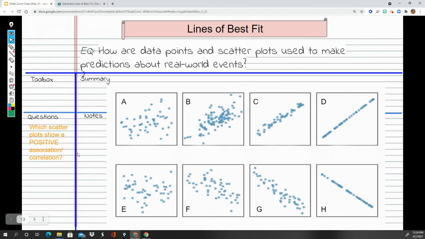I think for positive, you're looking for something that goes from low to high. I think you could make an argument for sure about D. D is definitely positive. If I were to draw my line of best fit, it would go about like that. So this is definitely positive.